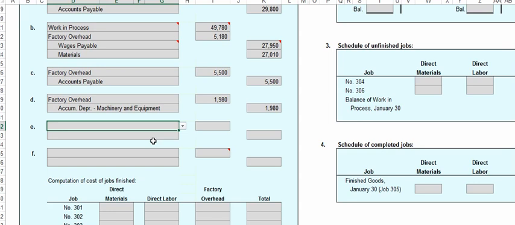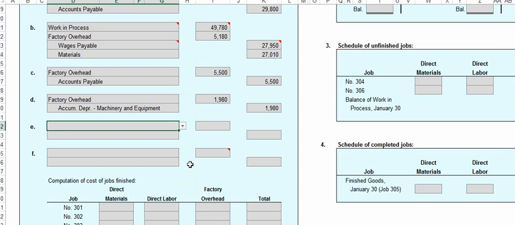Here they're using machine hours. A lot of our overhead is depreciation on machinery and equipment, and maybe maintenance on machinery and equipment. If most of their overhead cost is driven by using the machinery and equipment, then that would be a good base to use to allocate the overhead to the actual jobs.